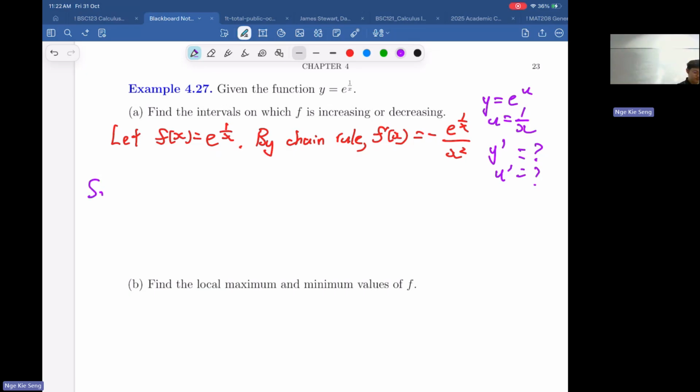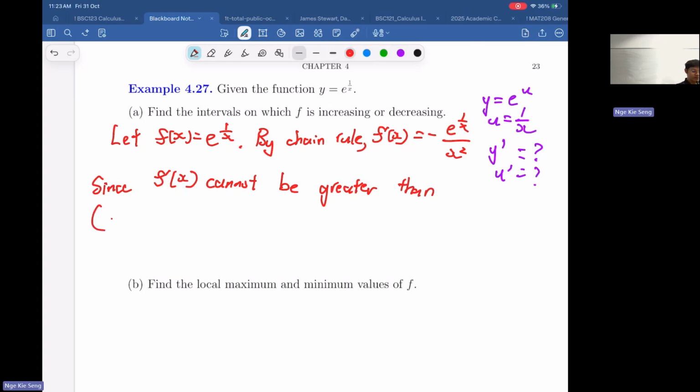This function is very interesting; later we're going to draw it out. Since f prime x cannot be greater than 0, why is it not greater than 0?